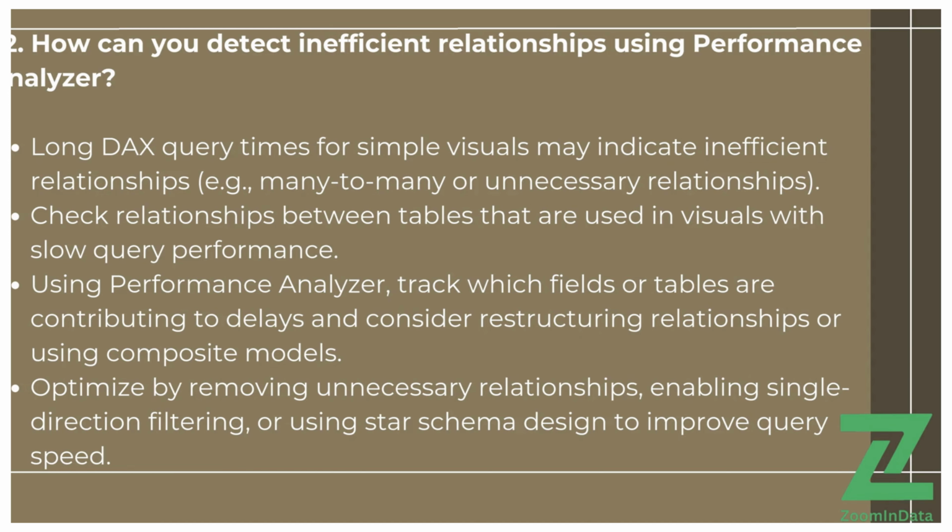Using Performance Analyzer, track which fields or tables are contributing to delays and consider restructuring relationships or using composite models. Optimize by removing unnecessary relationships, enabling single-direction filtering, or using star schema design to improve query speed.